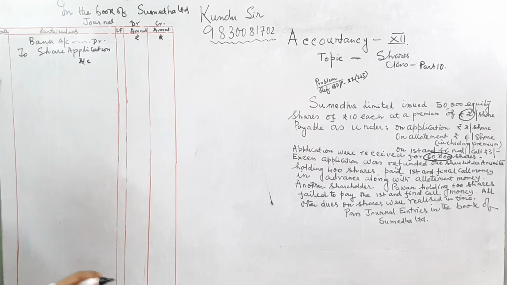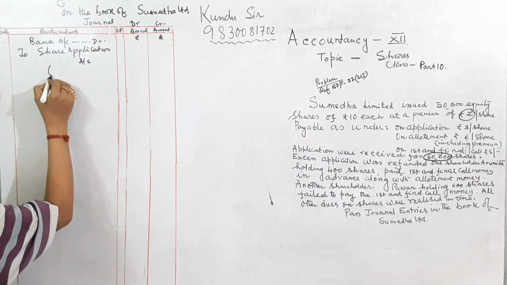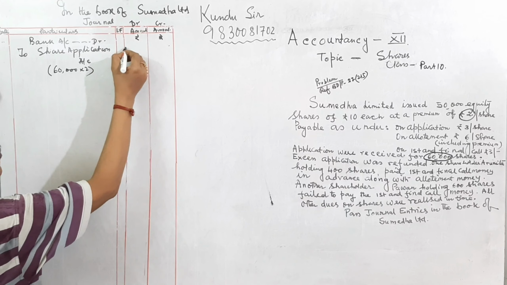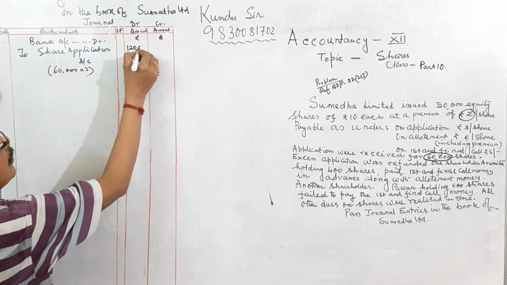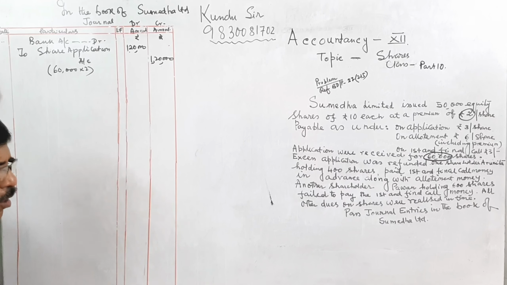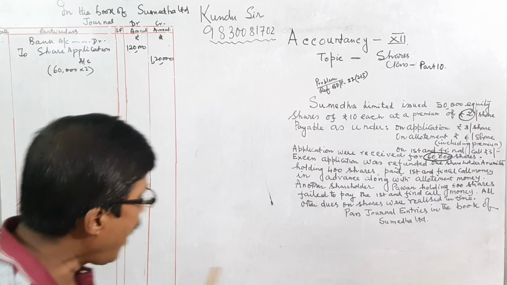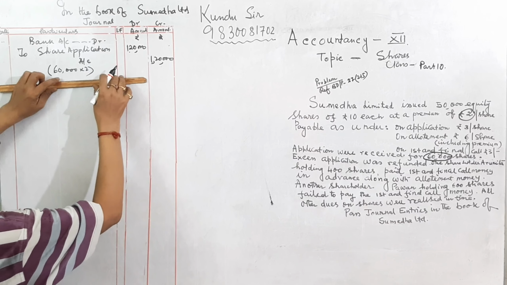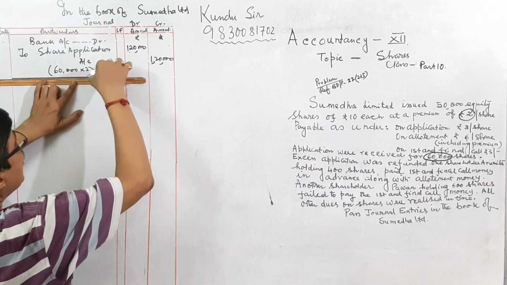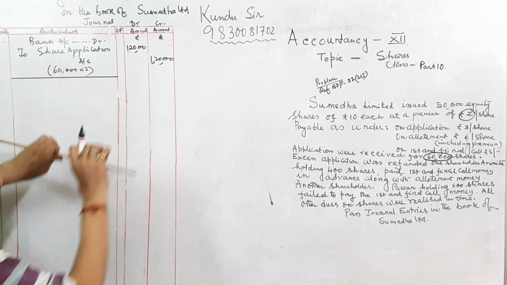It is share application money received on 60,000 shares at the rate of rupees 2 per share. So 60,000 into 2, it is 1,20,000 the company Sumedha Limited is getting. Now the first entry is over. I am only writing the calculation part; narration I am avoiding to save time.